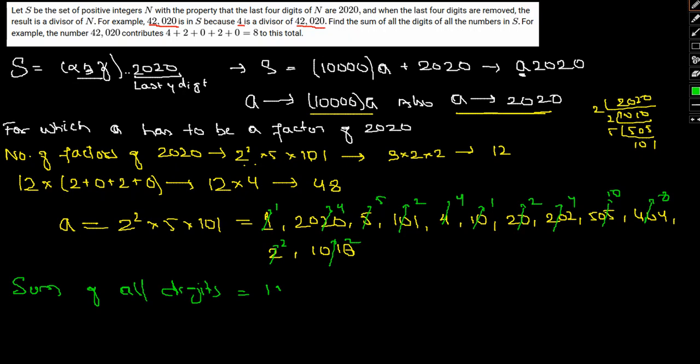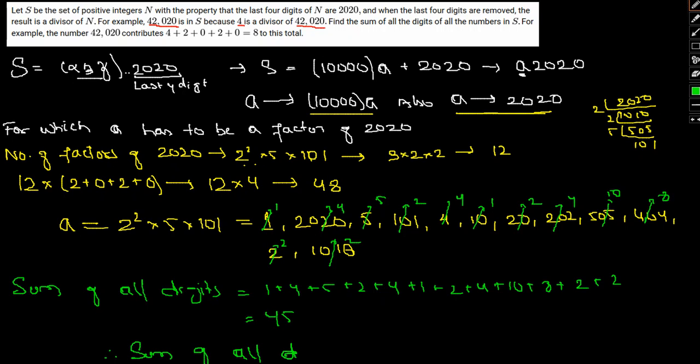We have 1 plus 4 plus 5 plus 2 plus 4 plus 1 plus 2 plus 4 plus 10 plus 8 plus 2 plus 2, which gives us 45. So the total sum of all digits will be 45 plus 48, which in turn is 93, our required answer.